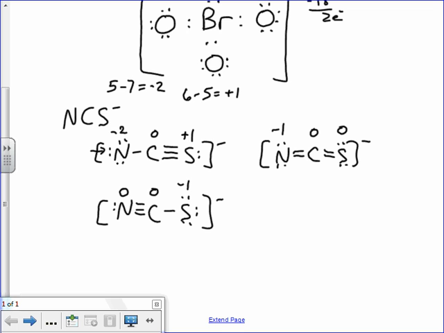Oh, nitrogen. Okay, so probably this is our best structure. Let me check in the book and make sure that that's right. Yeah, nitrogen is more electronegative, so we would expect that the negative formal charge would be on the nitrogen atom.